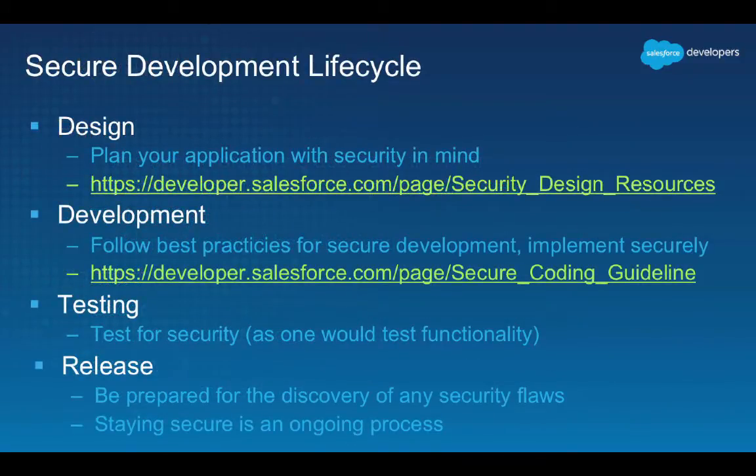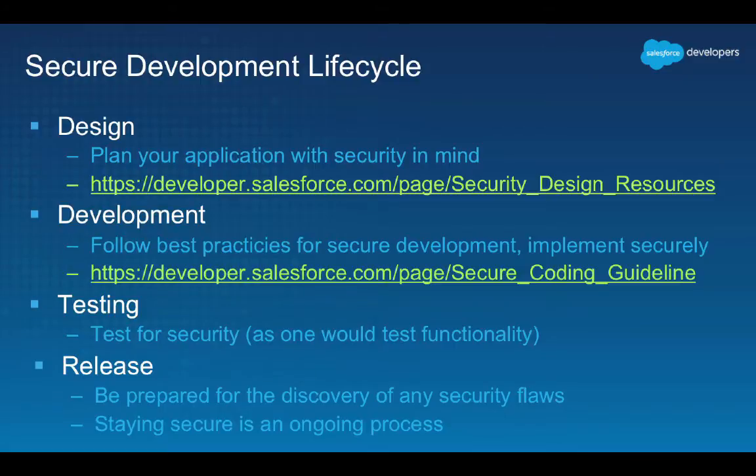So an important part of developing your project, going from idea to release, is the secure development lifecycle. There are 4 parts of this. There's design, in this phase you just want to plan your application with security in mind.